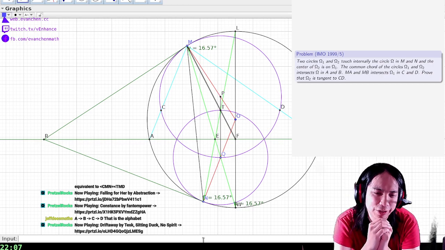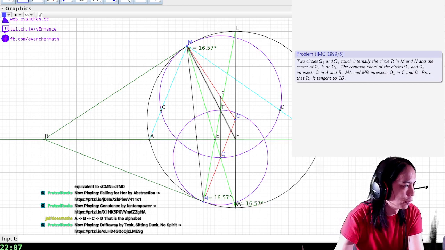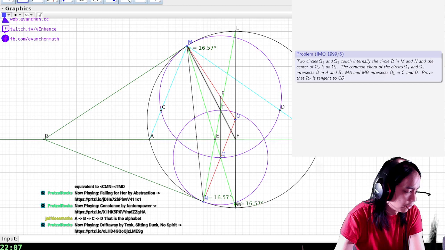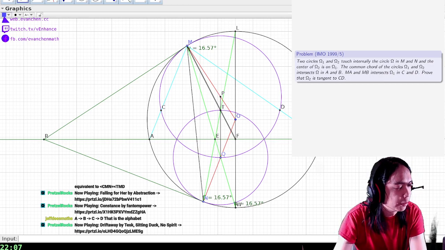I think MTF collinear is enough, although it's going to be really obnoxious to write. So that's how I'm going to get rid of the C and D. Goal, show MTF collinear.